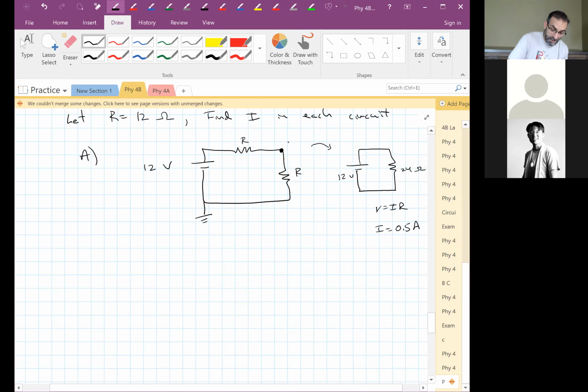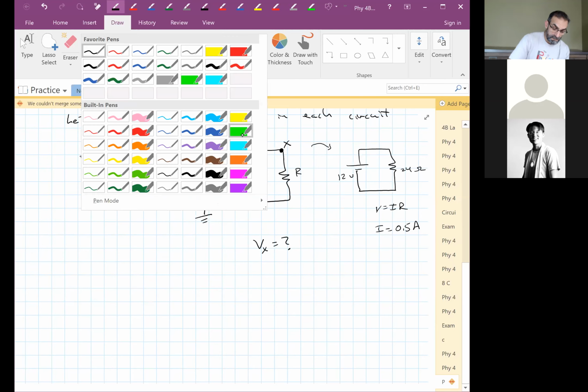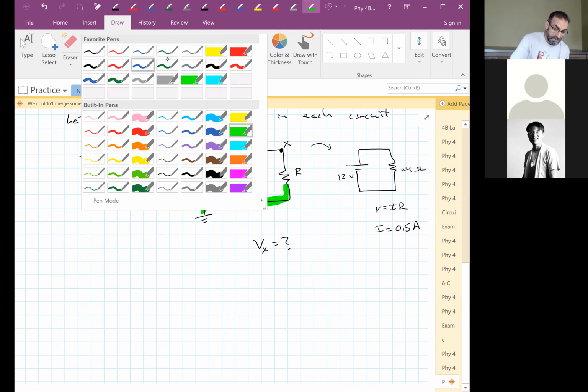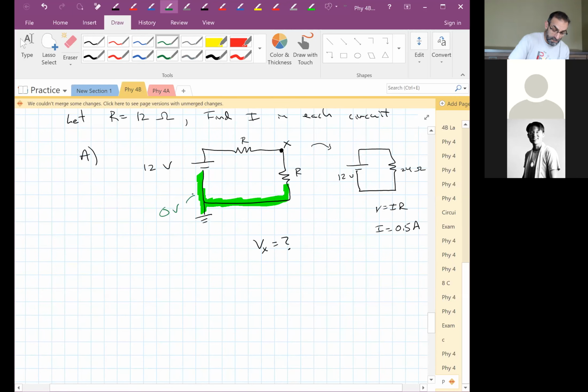Point B, point something, X. So this tells me that this is all zero. That's what that symbol means, right? Ground. That defines zero potential.